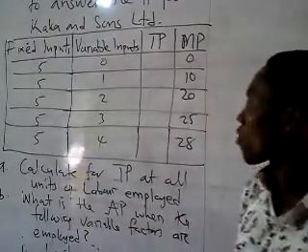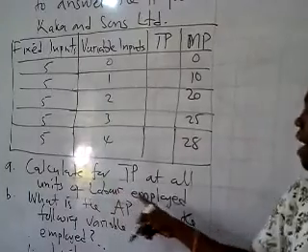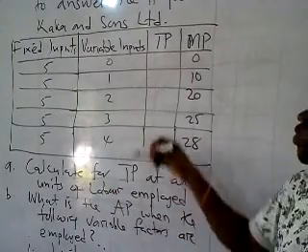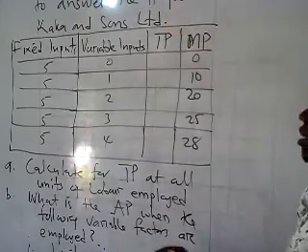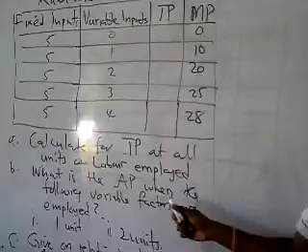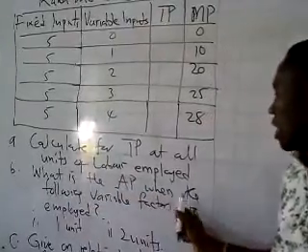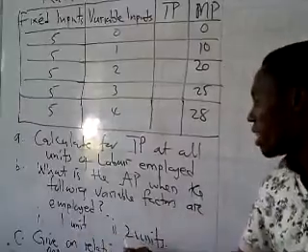We are asked to calculate the total product at all units of labor employed. It means we are going to complete all these columns. Now the next question says, what is the average product when the following variable factors are employed? 1 unit, and then 2 units.